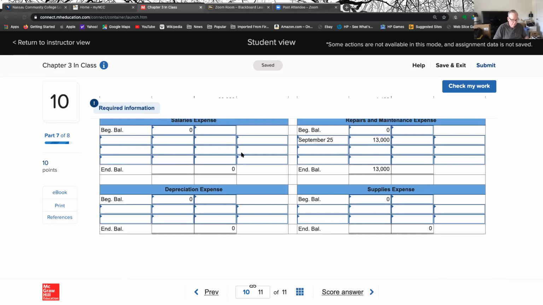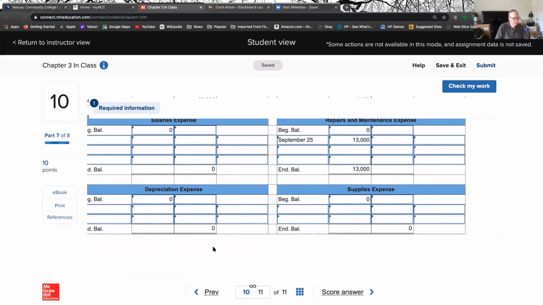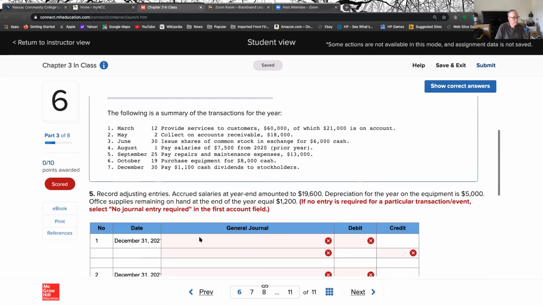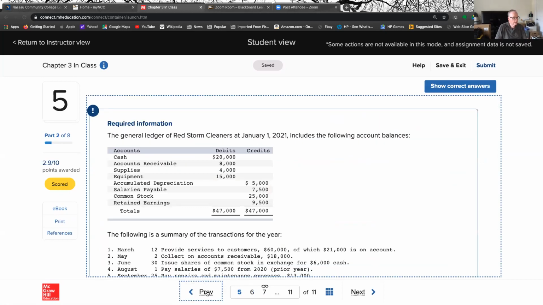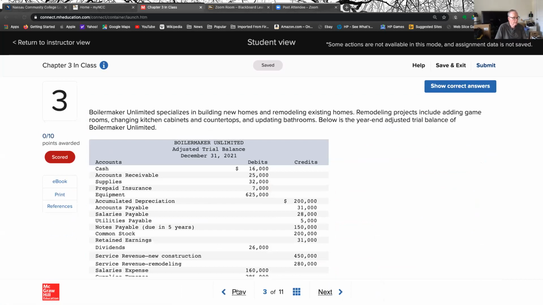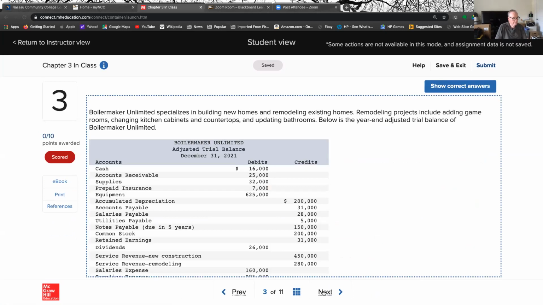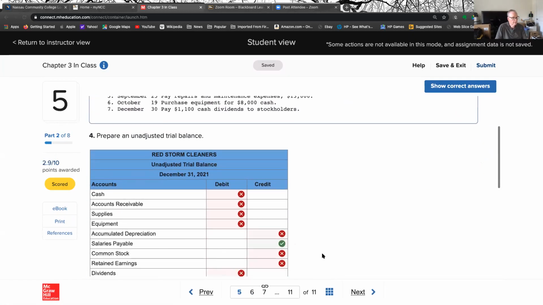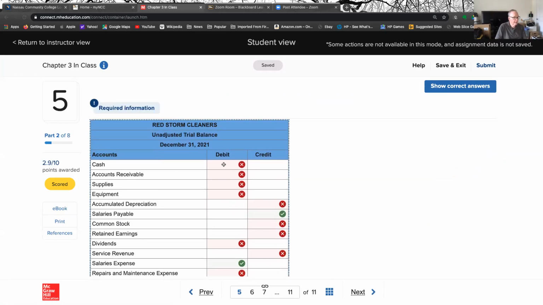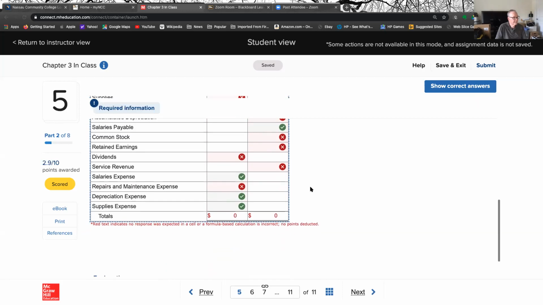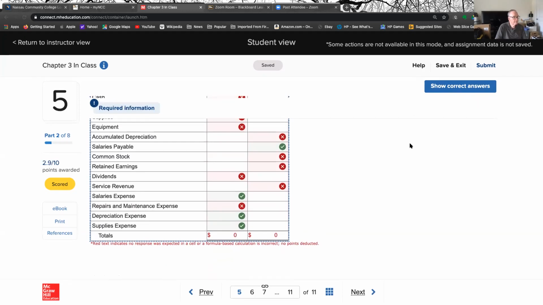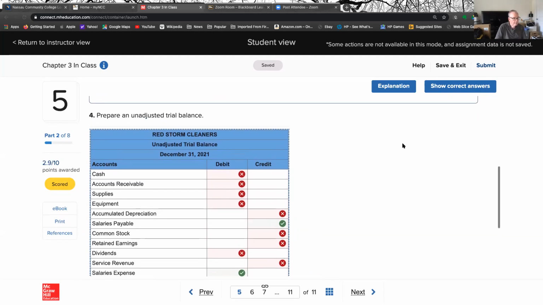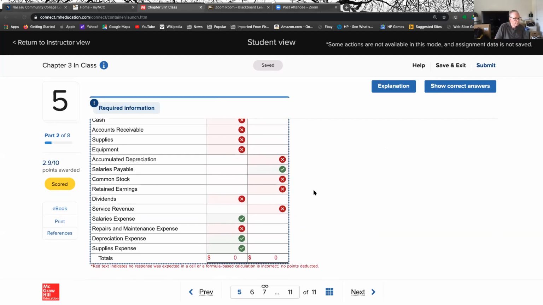Okay, so let's see if it'll let me go back. Previous. Oops. Okay, here's the entries. Here's the trial balance, right? So let's see if we can go back and enter those numbers. Now, why won't it let me put the numbers in?